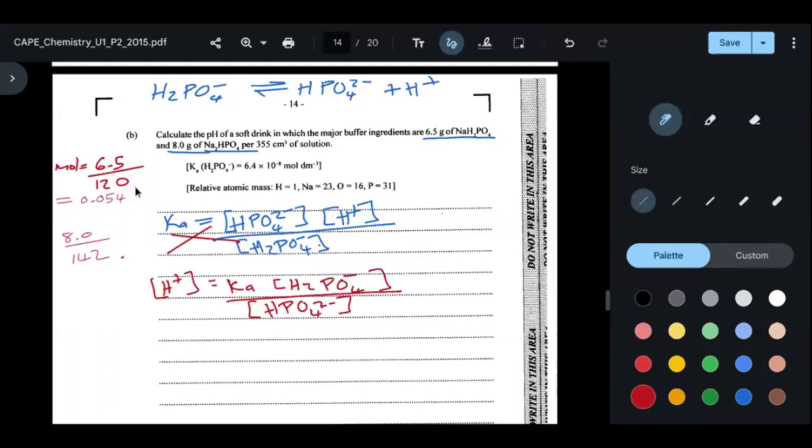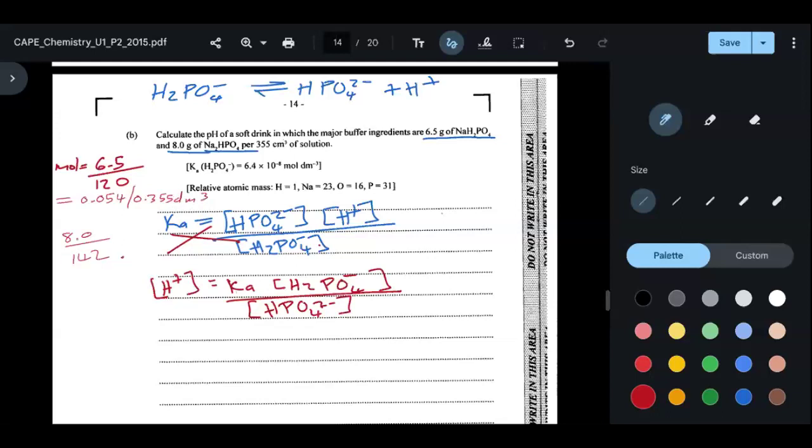Then you're going to divide it by 0.355 dm cube, because you have to get the concentration. Remember, concentration is mole over volume.